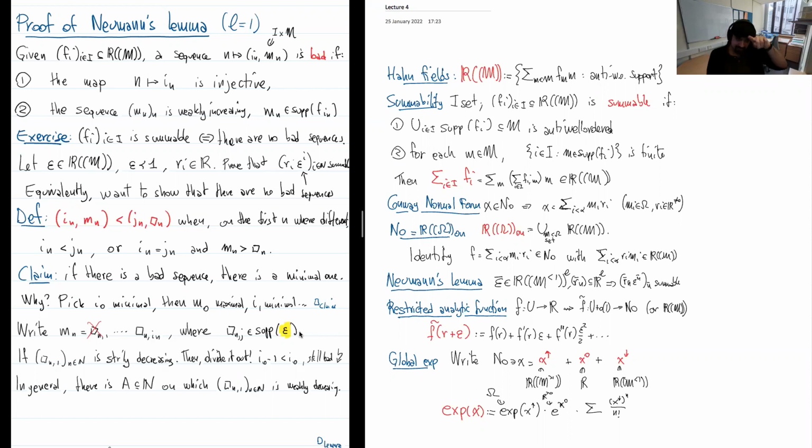I would like to divide the monomials Mn by these guys. I can only do this on a subsequence. But if I just go to the subsequence, then the initial index of the sequence might change in an unpredictable way, and so I don't get something minimal again. So I need to be slightly smarter about this.